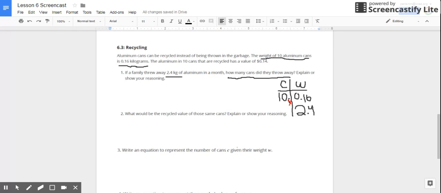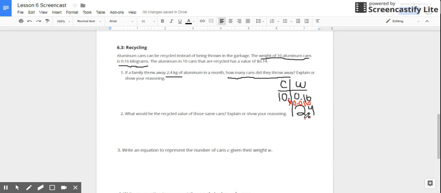0.16 divided by 10. And that'll give me my constant of proportionality of 0.016. So that's what I'm multiplying by.